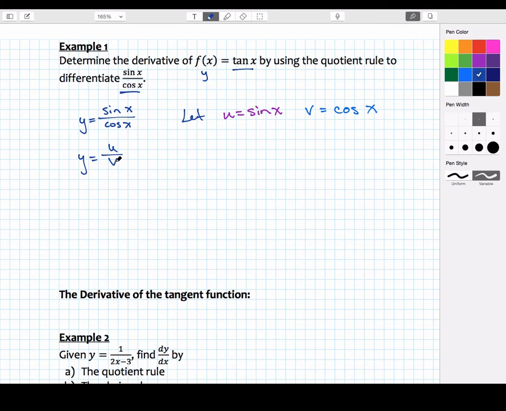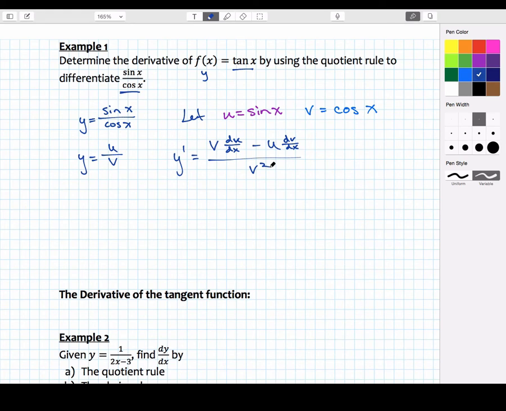And the quotient rule tells us that y dash is equal to v times du dx, sorry, du dx, minus u times dv dx, all divided by v squared.